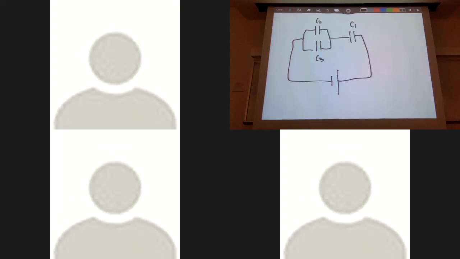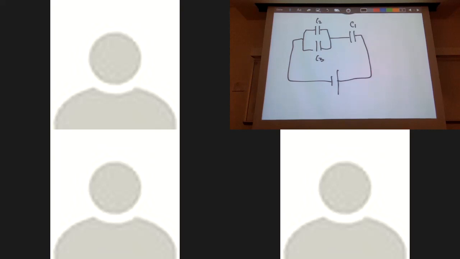Because if they were connected in parallel, the potential is the same. And if they're connected in series, the charge is the same. So the first thing we're going to do is identify what's connected to what.